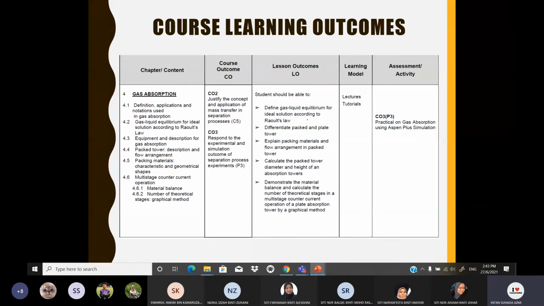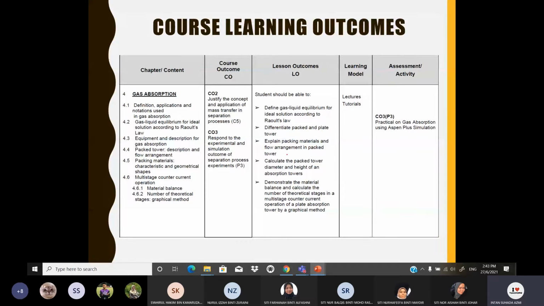This is the lesson outcome in this chapter. You should be able to define gas-liquid equilibrium. Since the topic is gas absorption, you will have two phases, which are gas and liquid. Before this, you learned LLE, where both are liquid, but now it is gas and liquid. Then you should be able to differentiate between packed and plate tower.